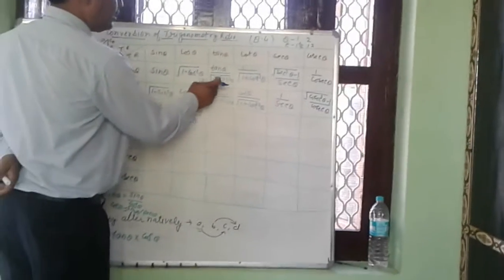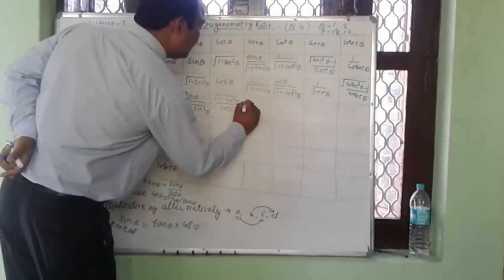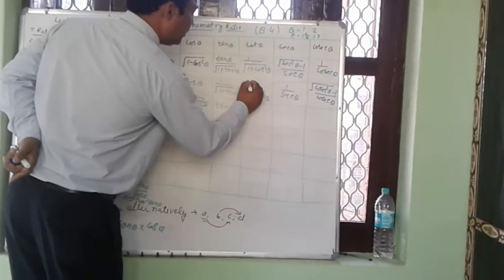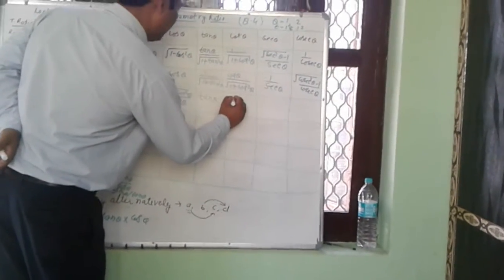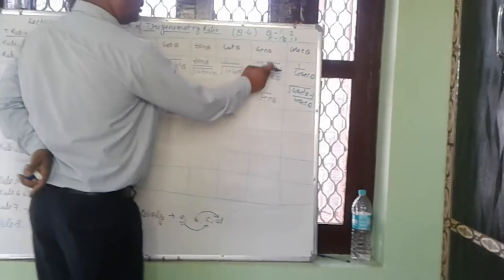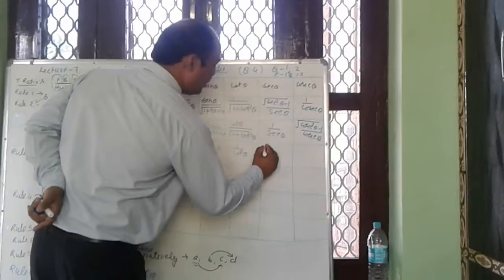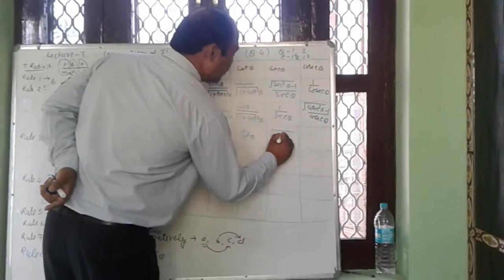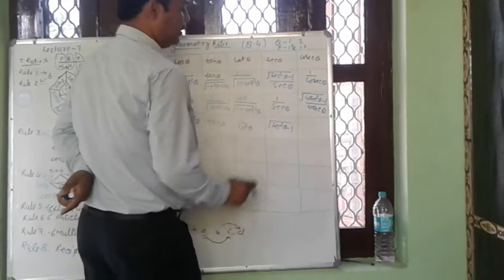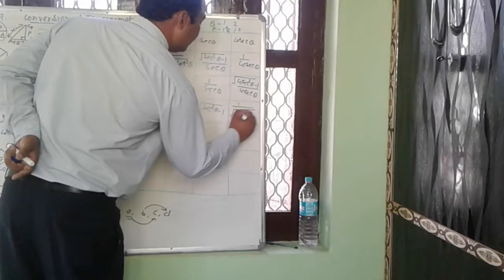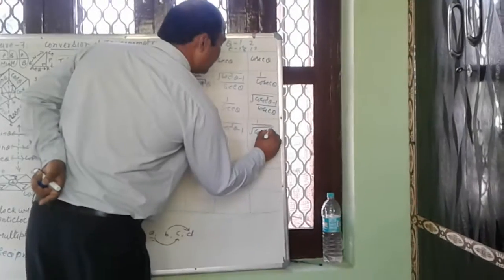Similarly, tan theta is 1 upon cot theta. Then with sec theta, it is root sec square theta minus 1. And this is equal to 1 upon root cosec square theta minus 1.